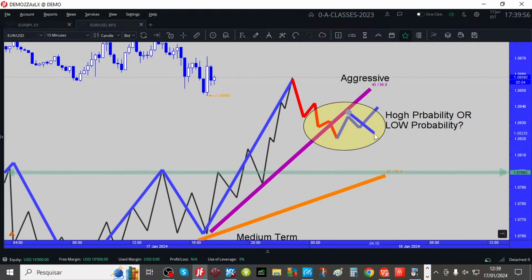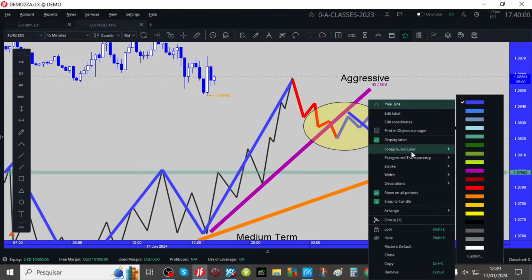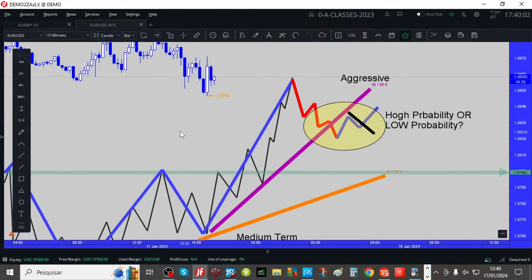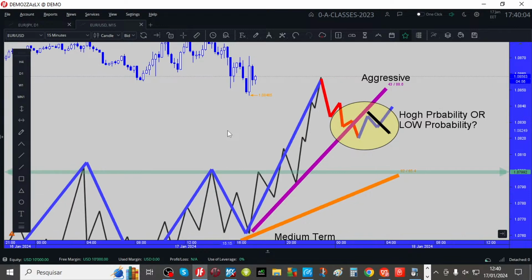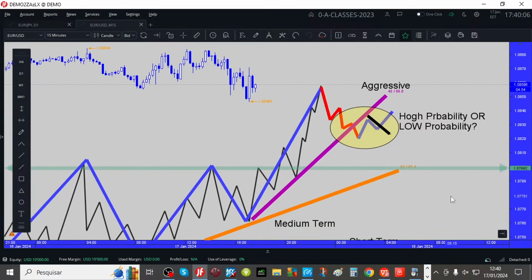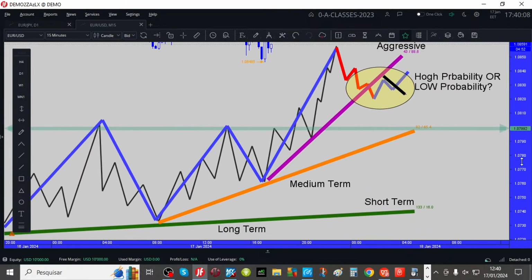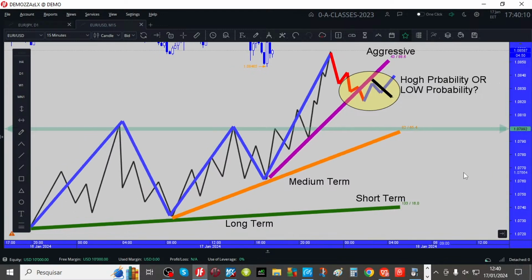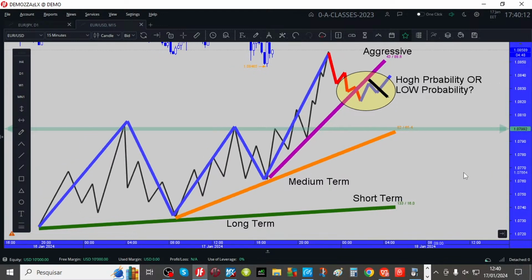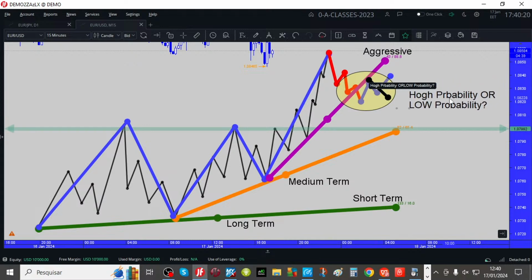You entered here with the counter trend line break. Is this trade high probability or low probability? Boss, I don't know. Look at the convergences. How many elements, if you want to call it elements, do we have in order for the market to go up?